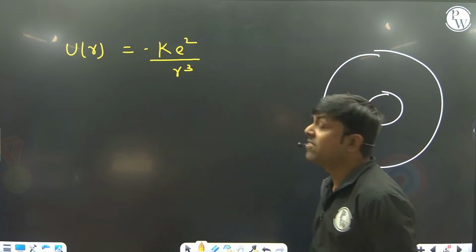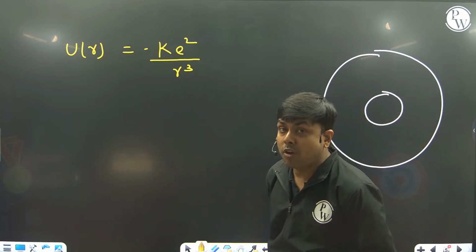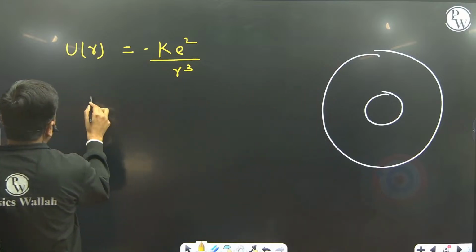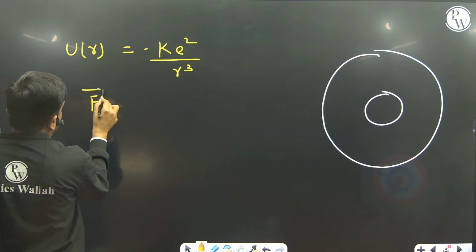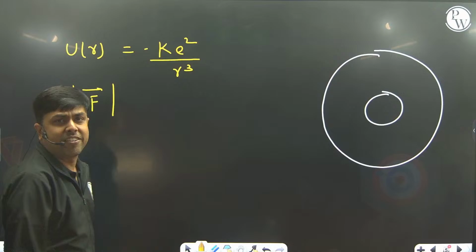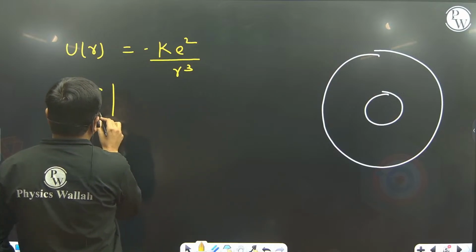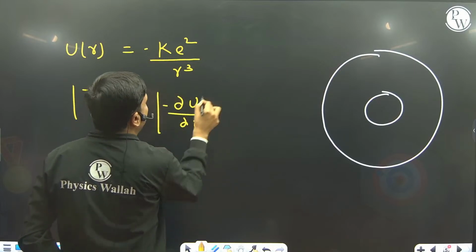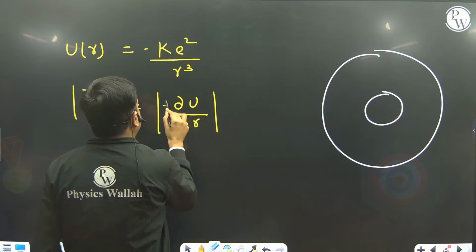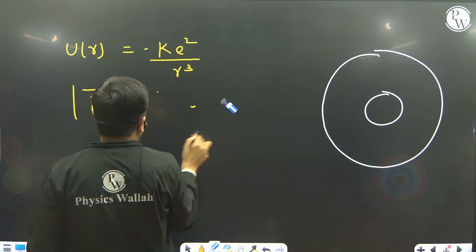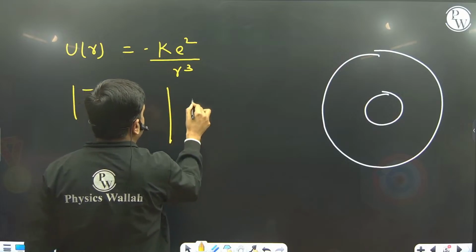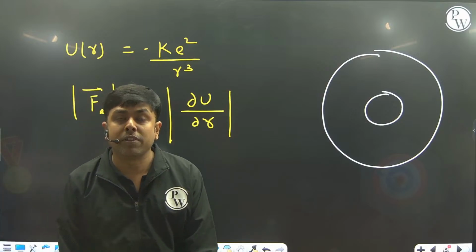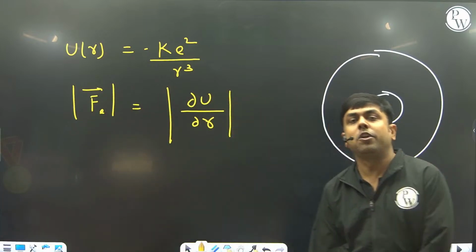If potential energy is given, can we calculate the magnitude of electrostatic force? Yes. This electrostatic force is conservative in nature, so I can calculate the magnitude. I can write mod, and this electric force will be equal to minus dU by dr, although this minus won't be that valid here, so I can directly write mod dU by dr. Whenever I am writing conservative force, it is always equal to minus ∂U/∂r.